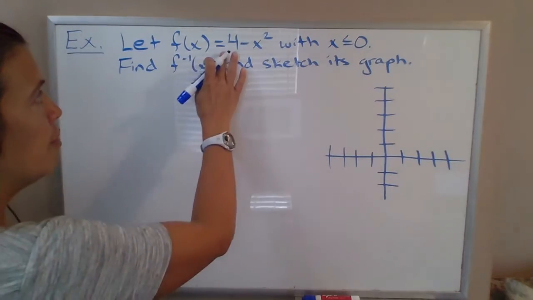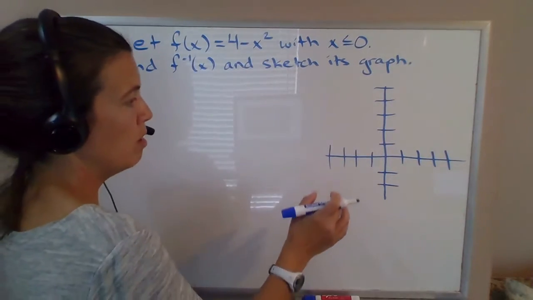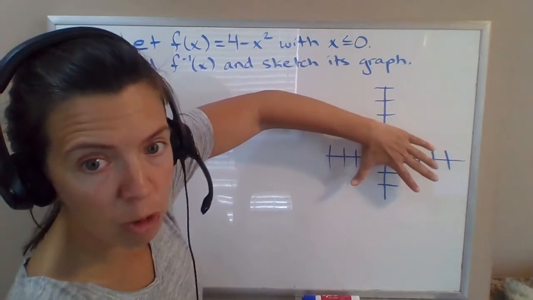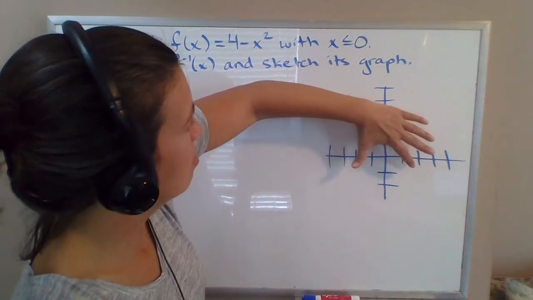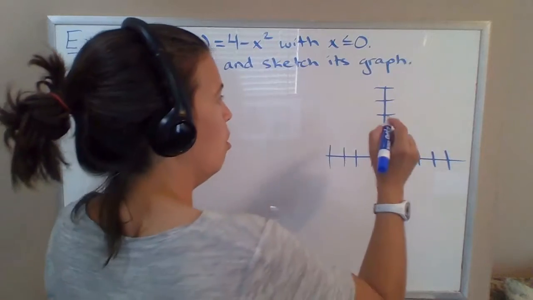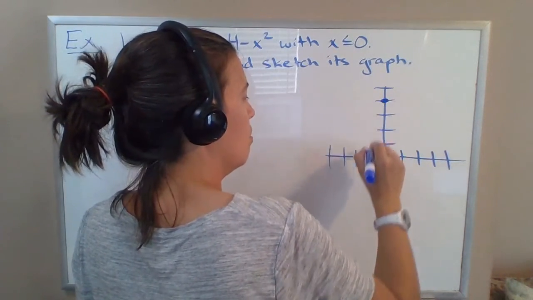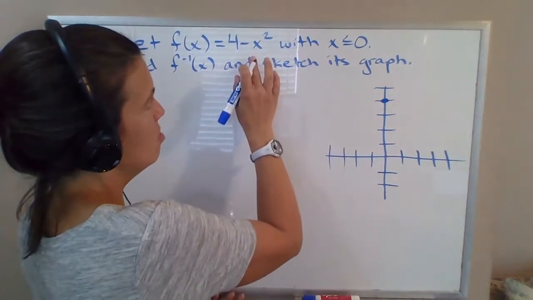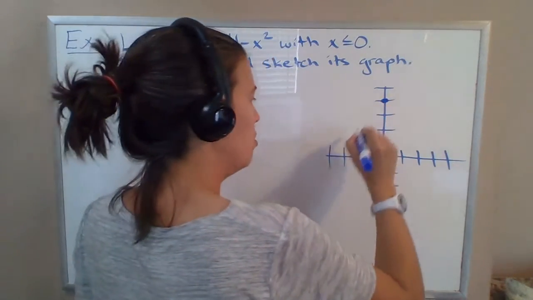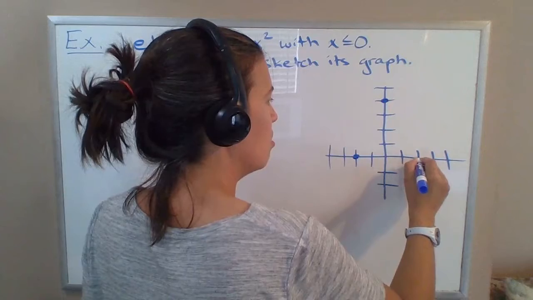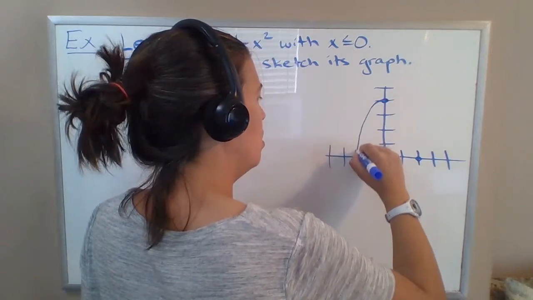So the graph is going to be a parabola opening downward, but with a vertex shifted up 4. 1, 2, 3, 4. So the vertex is here. And if x is 2 or negative 2, this will be equal to 0, so it's going to touch the x-axis at 2 and negative 2.